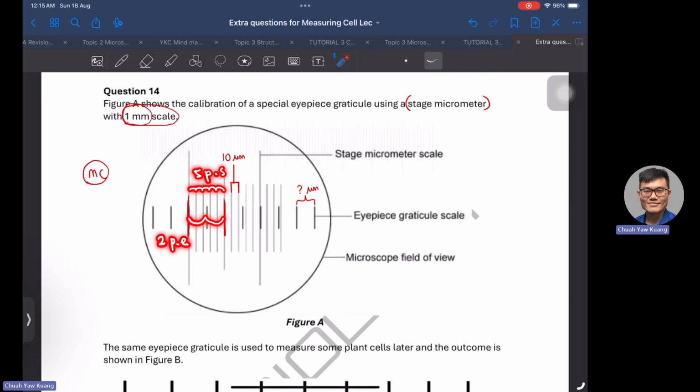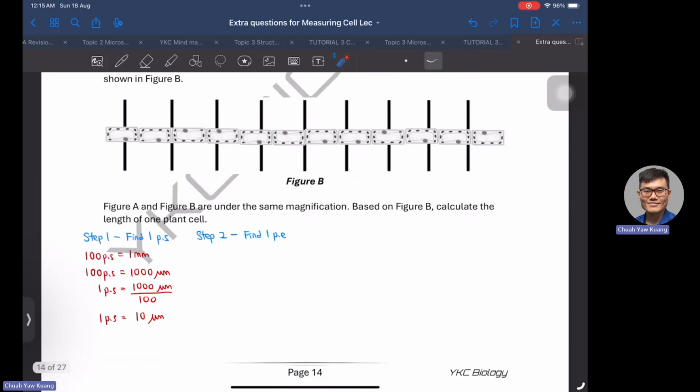Once we know this, this is how we start our step number 2. 2 pitch on the eyepiece reticule, like what we get from figure A above, is equal to 5 pitch on the stage micrometer. Just now we calculated that one pitch on the stage micrometer is equal to 10 micrometer, so we replace it here. That means 2 pitch on the eyepiece reticule is equal to 5 times 10 micrometer.